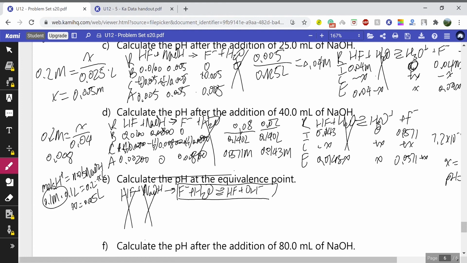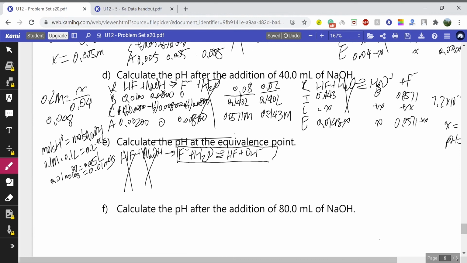In this case, 0.1 molar times 0.1 liters is going to be equal to 0.01 moles, and that equals 0.01 moles of NaOH. Alright, now they're equal molar. Now we can use 0.01 moles for both of them, divided by the new volume, which is 0.1 plus 0.05 liters.